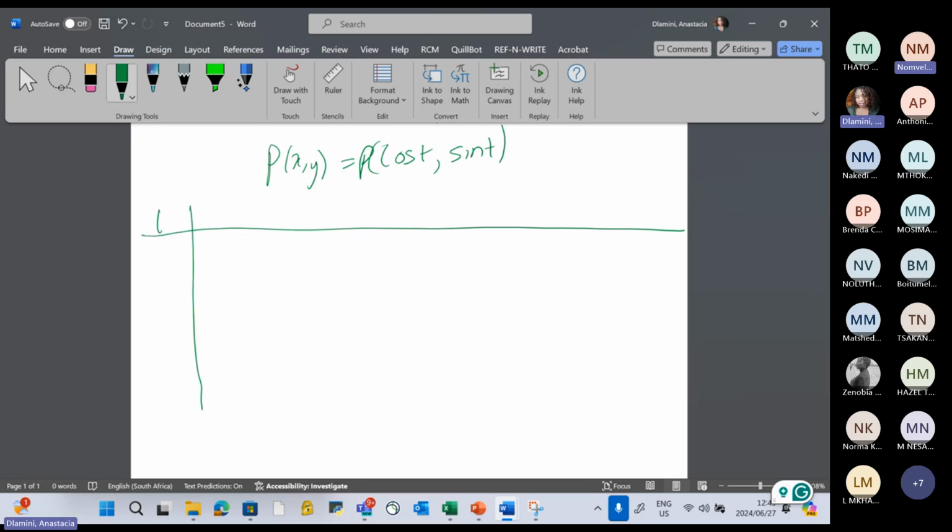This is t, and this is your terminal point x and y. So your t is 0, and then you have pi over 6, and then pi over 4, and then pi over 3, and then pi over 2. I want you to give me the terminal points there.